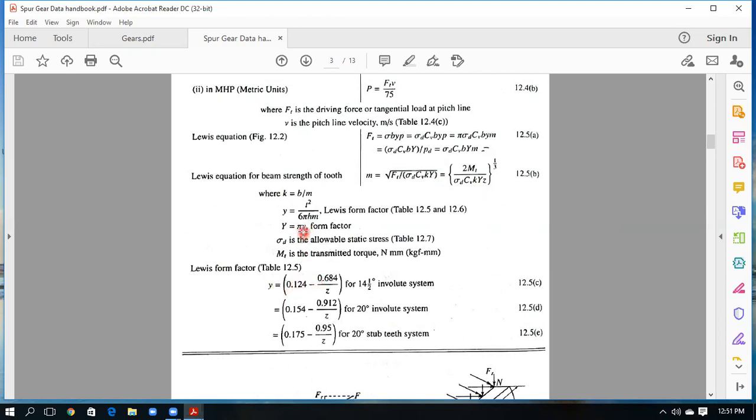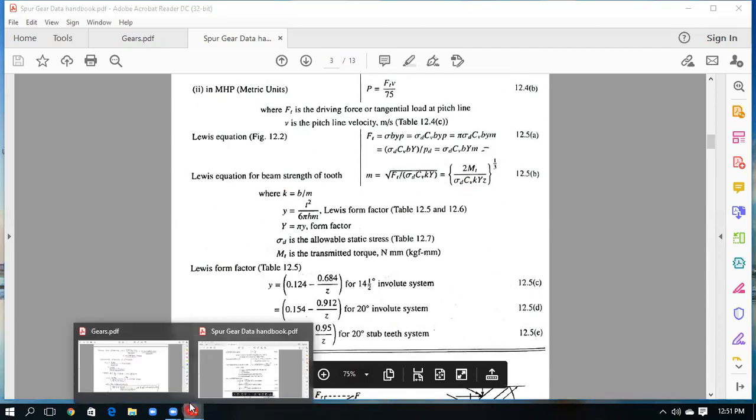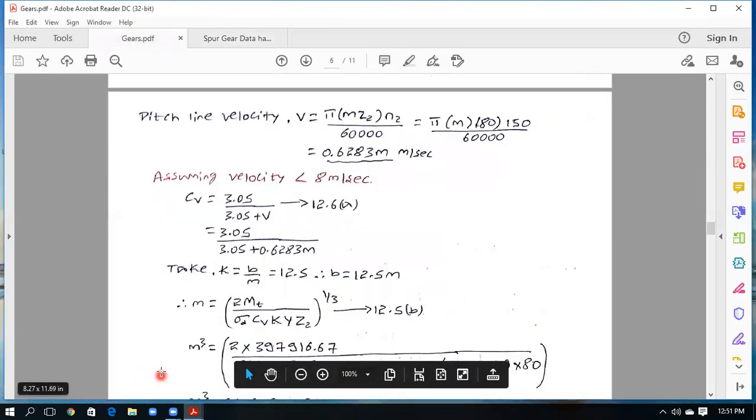You can substitute that. Next, we have already noted down the sigma d value, and Cv also is known. Substitute all the values. Only the k value is not known, and this k value will be given in the statement. If it is not given, the standard one is k equal to 12.5.